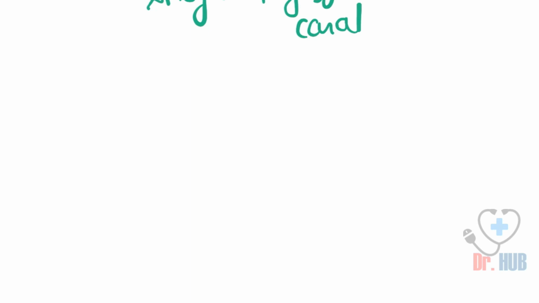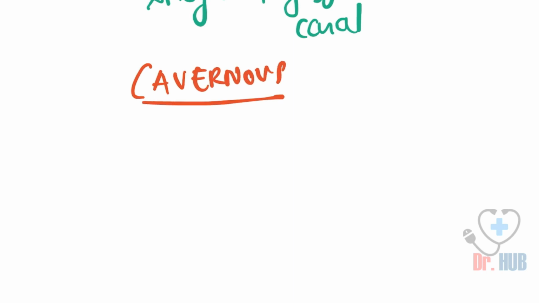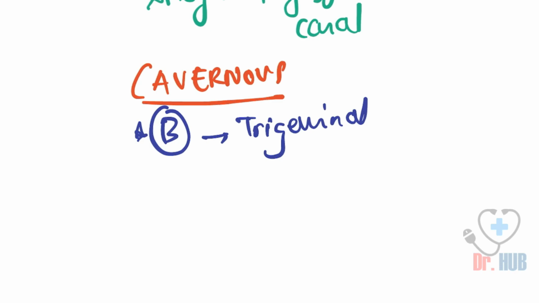The next question is, what are the branches of the cavernous part? Under cavernous, there is the branch to the trigeminal ganglion. This is one. Next, there is also the meningeal branch.